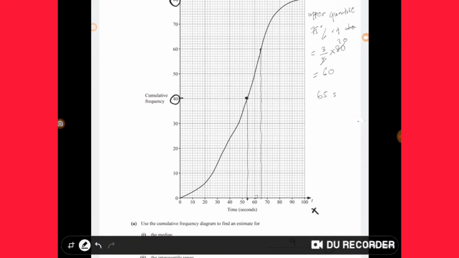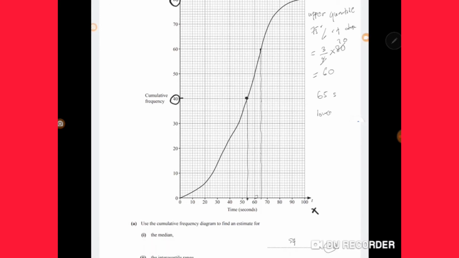What is the lower quartile? The lower quartile is 25% of the data, which is 1 out of 4 times 80, so it is 20.